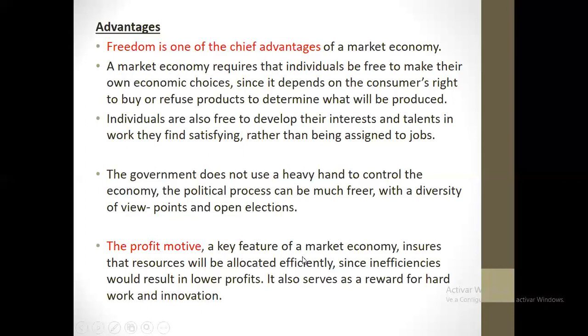A key feature of a market economy ensures that resources will be allocated effectively, since inefficiency would result in lower profit. Así que ellos tienen que saber cómo ubicarlo de una manera eficiente para poder tener el mejor rendimiento. Si lo ubican mal, entonces por supuesto van a tener low profit, bajo rendimiento. It also serves as a reward for hard work and innovation.